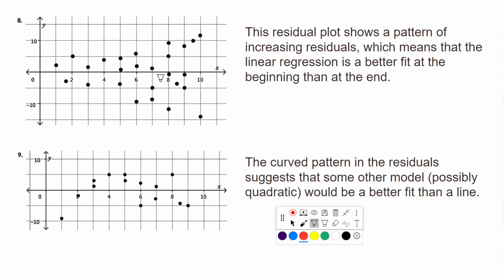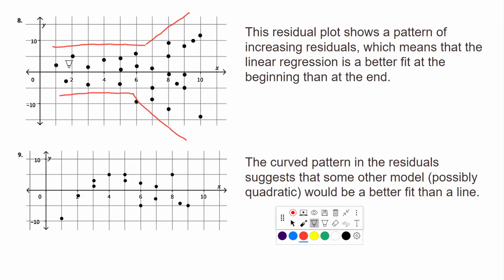In this first residual plot, you'll see that we seem to be staying pretty close within this section of the data, but then it starts getting wider. Because of those increasing residuals, the linear regression is a better fit at the beginning than it is at the end.